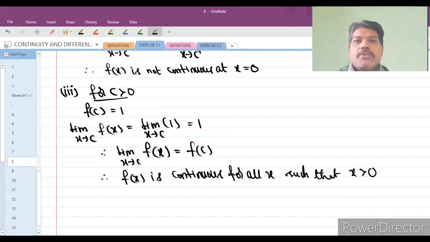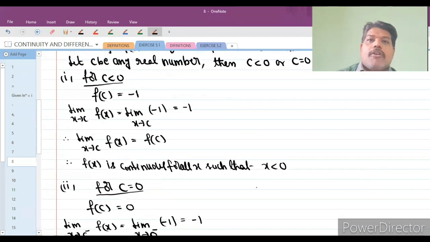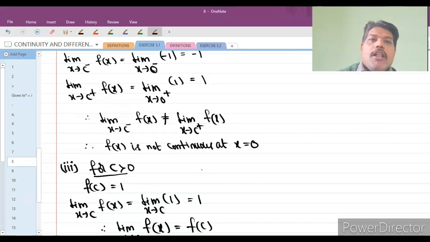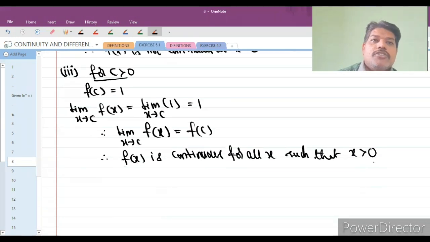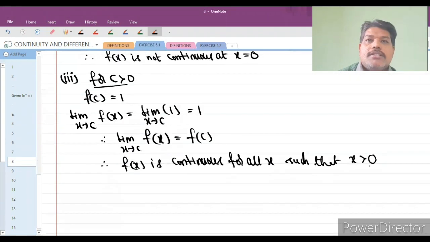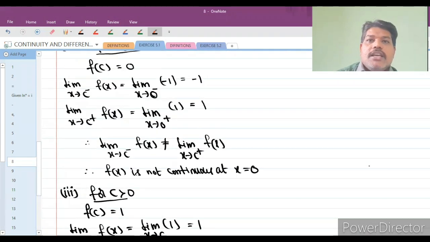So see that question, students, once again. For all x less than 0, the function is continuous. For all x greater than 0, the function is continuous. But from the second case, f of x is not continuous at x equal to 0. So only one point, that is x equal to 0, is the point of discontinuity.